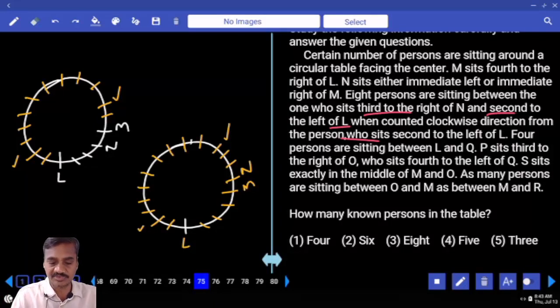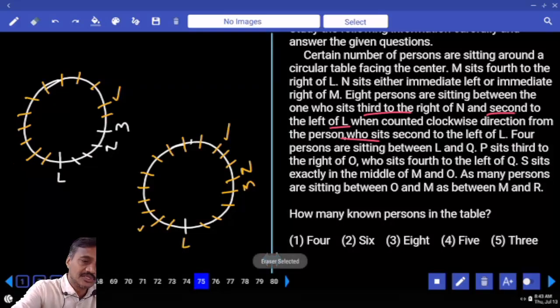And 4 persons between L and Q. Now in between L and Q, how many persons are there? Exactly 4 persons. 1, 2, 3, 4. And Q is at this place.